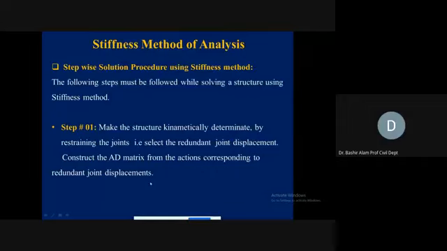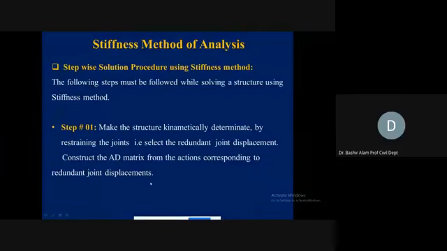Now you can go back and make the resemblance. What is the resemblance between this step one and the flexibility method? In the flexibility method, we found the statical indeterminacy; here we are finding the kinematic indeterminacy. There we label our redundant actions; here we label our redundant displacements.